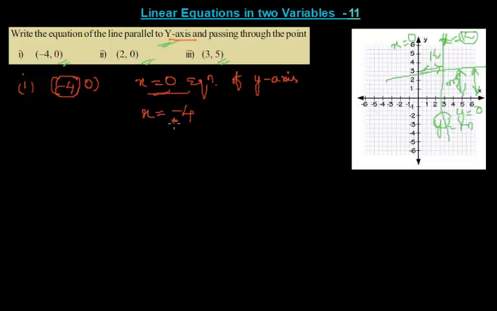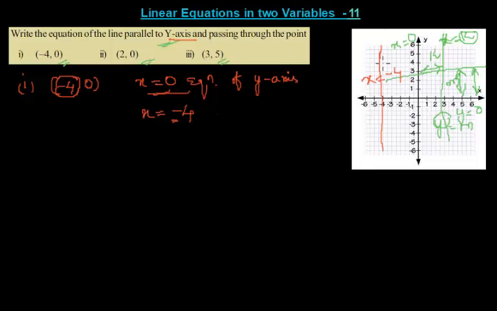This minus indicates the direction in which it is present. Minus 4 means to the left hand side. It will be in this way. This is the x is equal to minus 4 line.